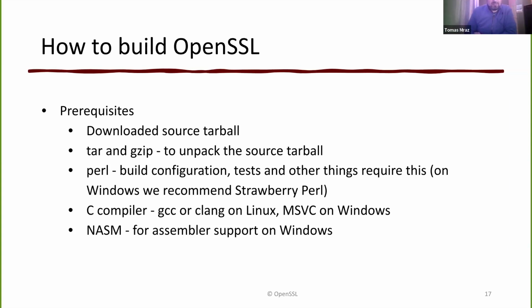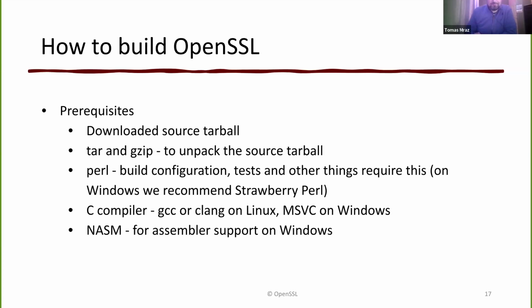We need Perl, which is used for build configuration, tests, and other minor things during the build. On Windows, we recommend Strawberry Perl. That's the build of Perl that we are running in the CI, so that's expected to work.